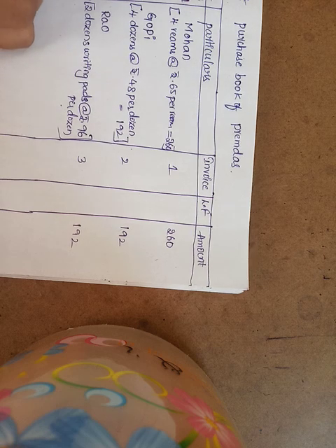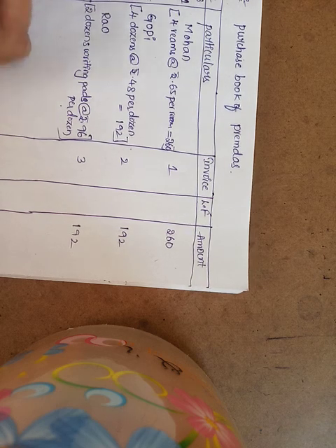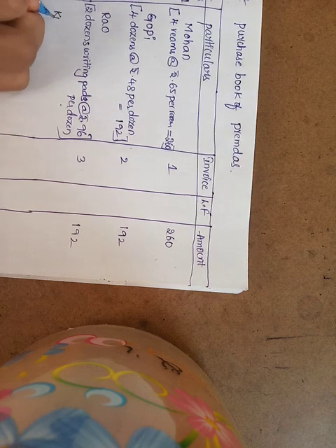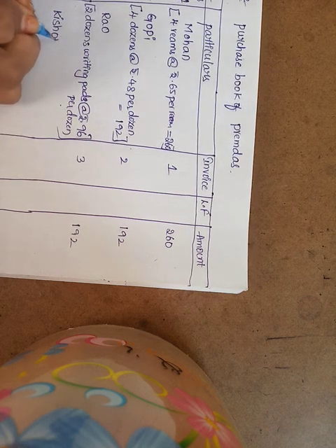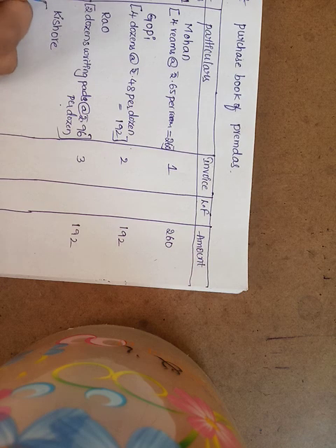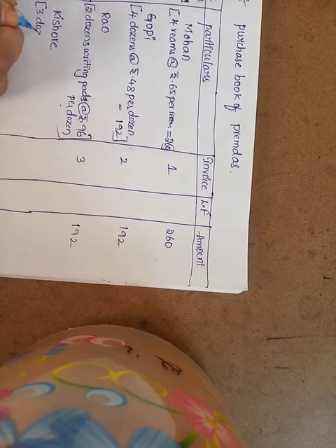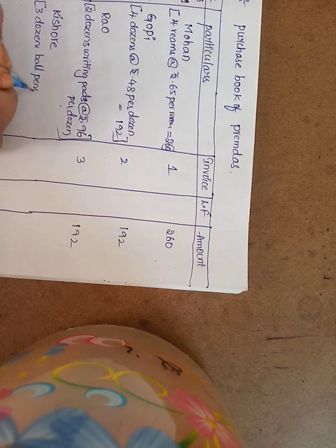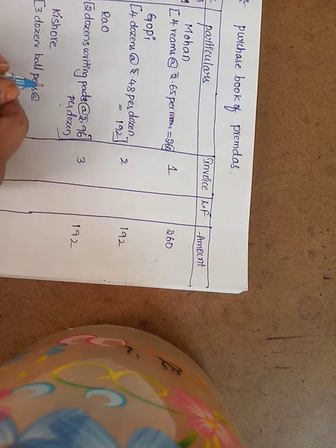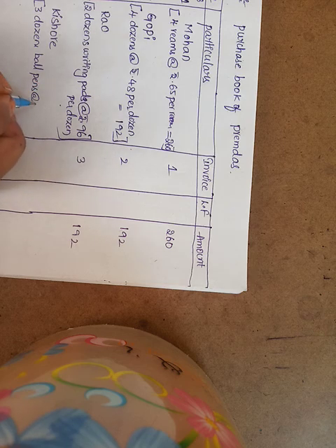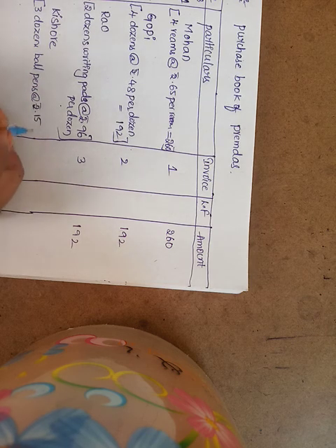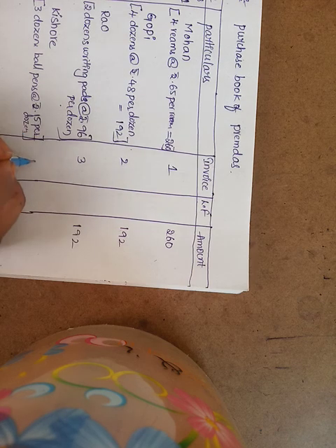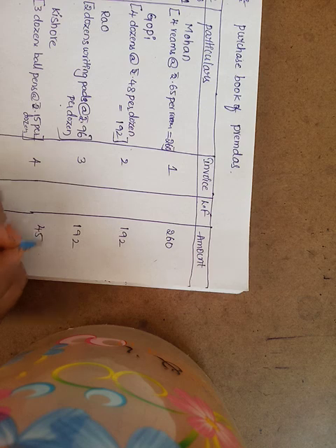Next is Jan 5th, purchased from Kishore, 3 dozens ball pens at the rate of 15 rupees per dozen. Total is 45.